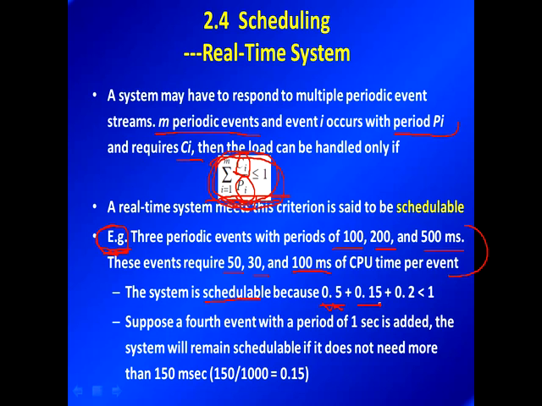And the second item, the numerator is C2, which is 30, and the denominator for the second item is 200, right?